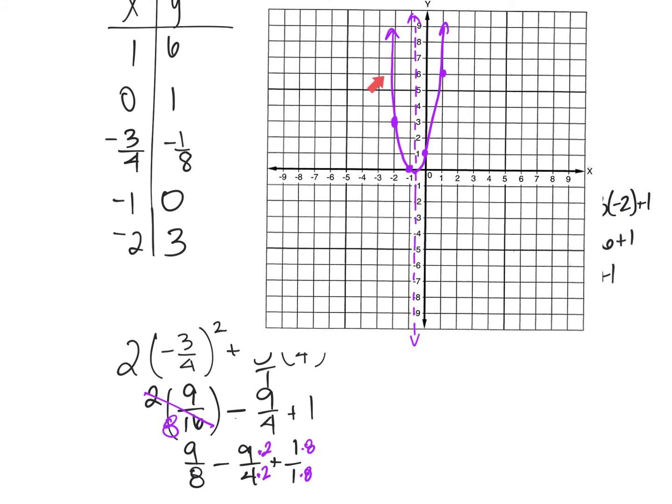Just because the points aren't drawn there doesn't mean it's not symmetrical. Your points are looking weird. That doesn't mean you did anything wrong because you don't see the symmetry that your eyes want. That's why I wanted to do this example with you so you could see it's not always pretty. And that's okay.